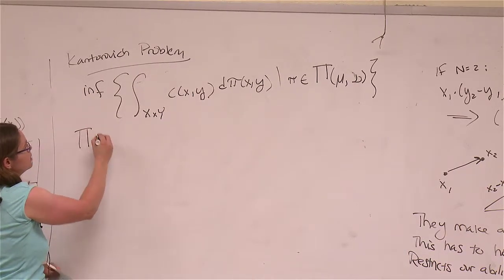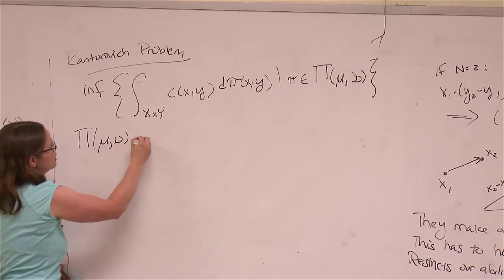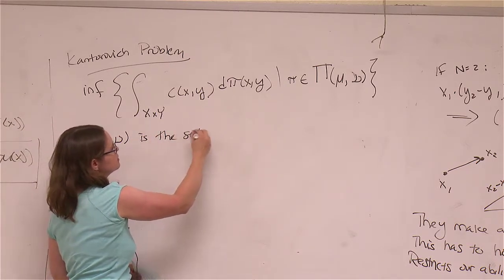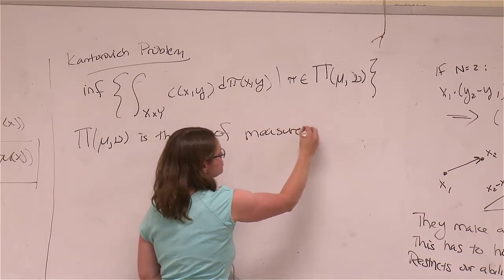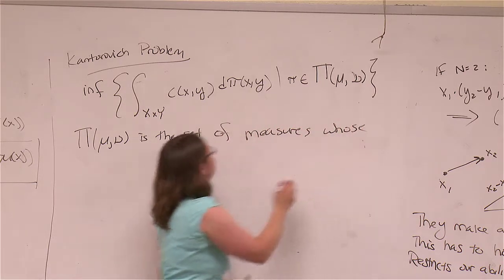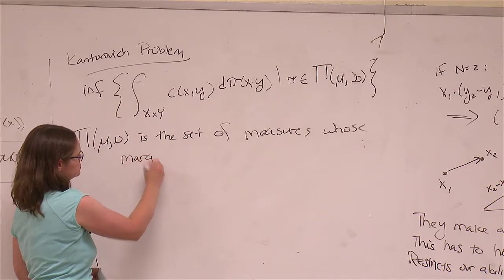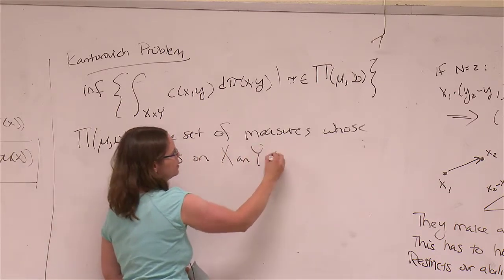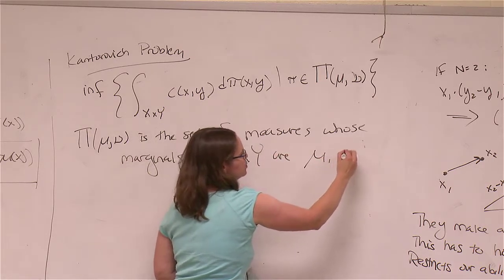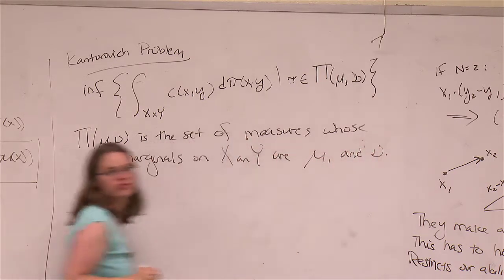So we said that Pi of mu and nu is the set of measures whose marginals on capital X and capital Y are mu and nu, the guys we started with.